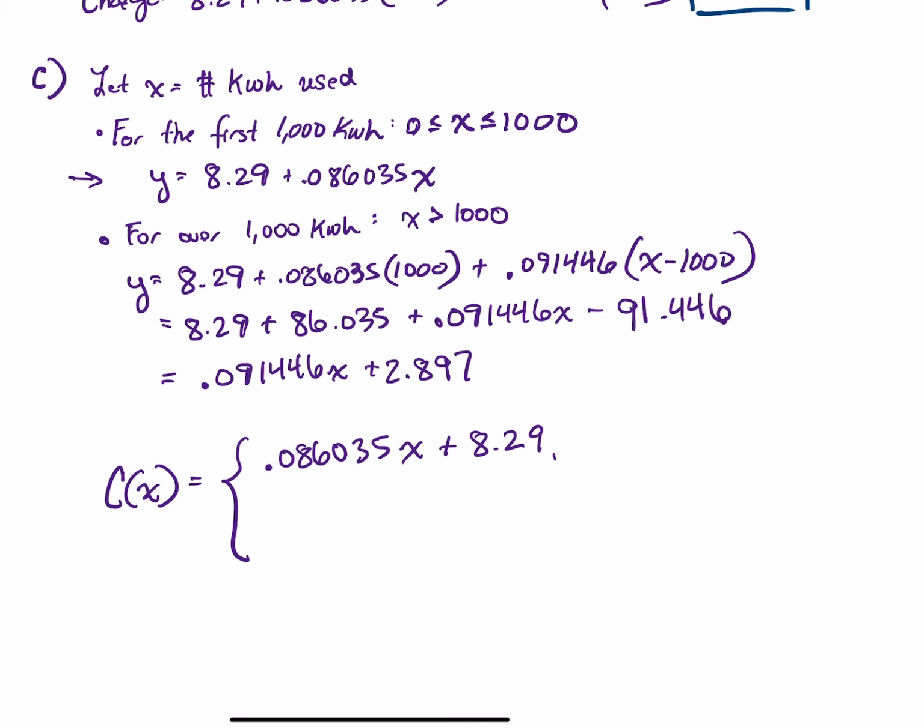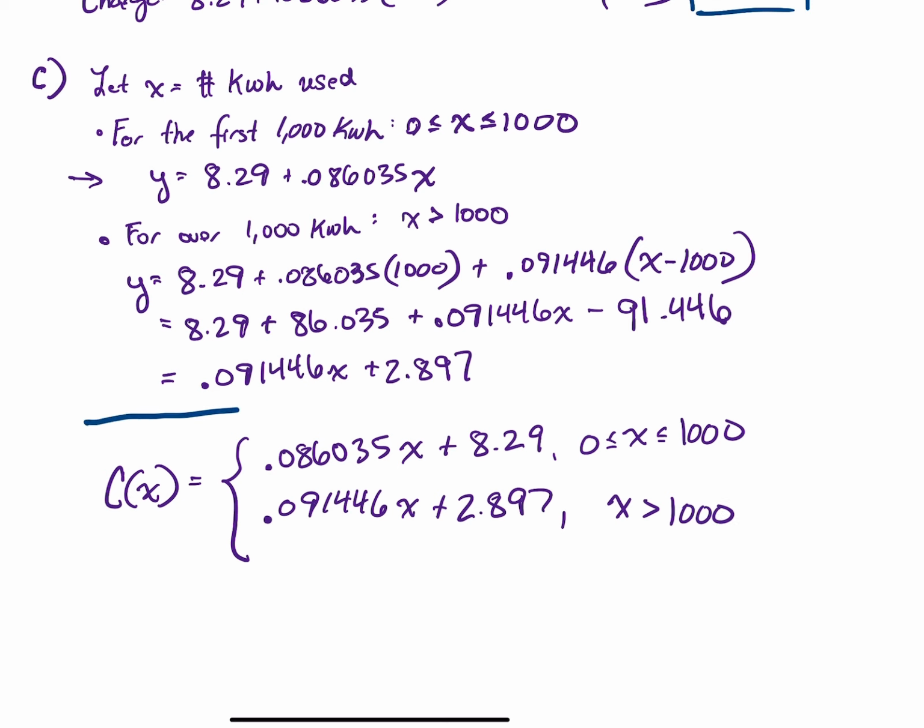And we're saying that this is when x is greater than or equal to 0 and less than or equal to 1,000. And if it's more than 1,000, then we went through this process where we took care of the first 1,000 under the first rate and then took the remaining amount times the second rate. And we cleaned it up into this nice statement at the end here. So 0.091446x plus 2.897. And this is when x is greater than 1000. And that will be our function.